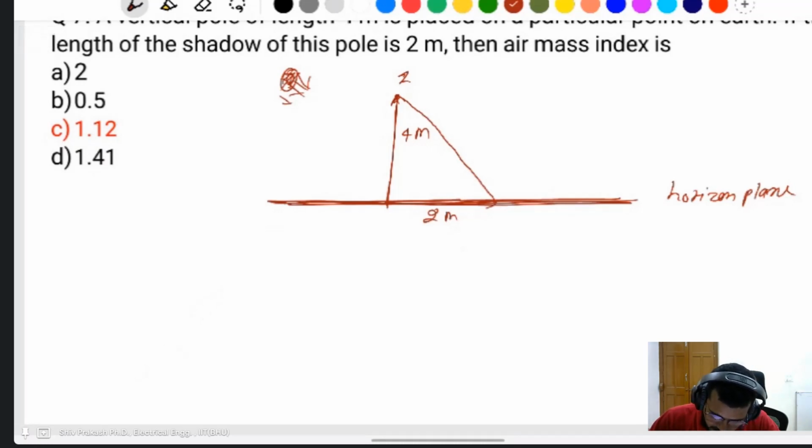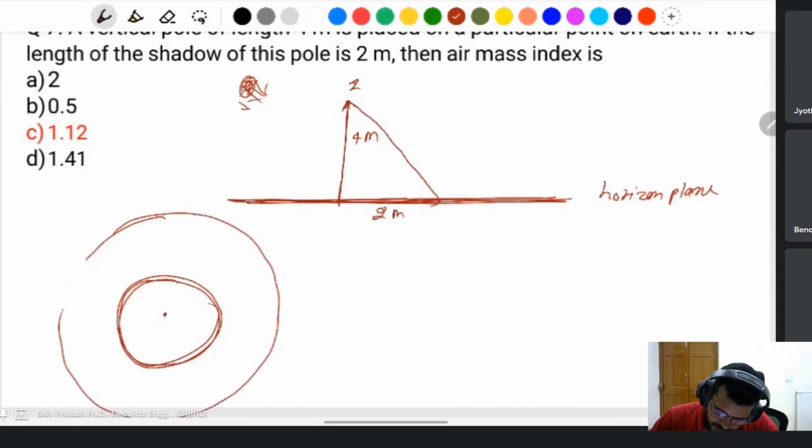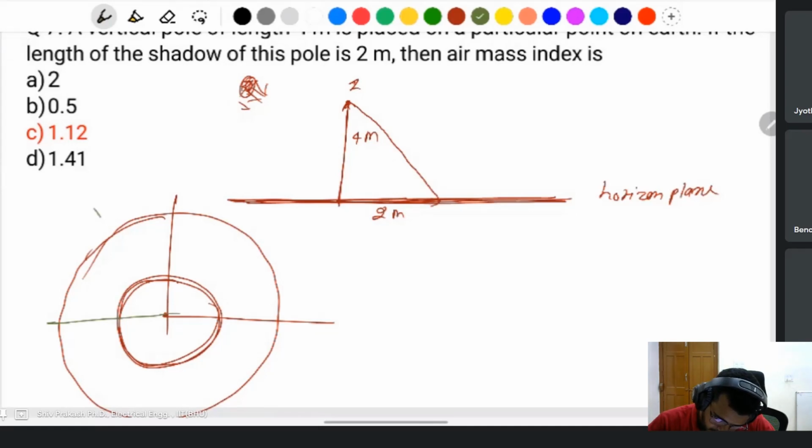You know about the air mass index. The atmosphere here surrounds the Earth.